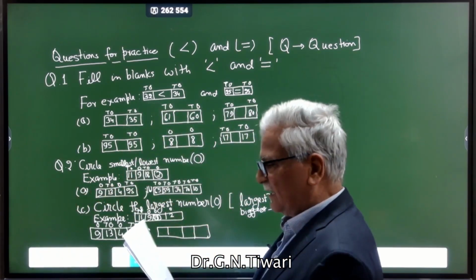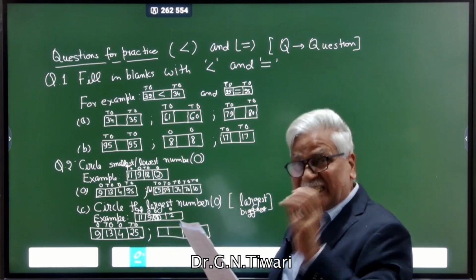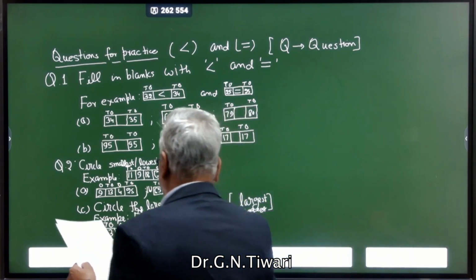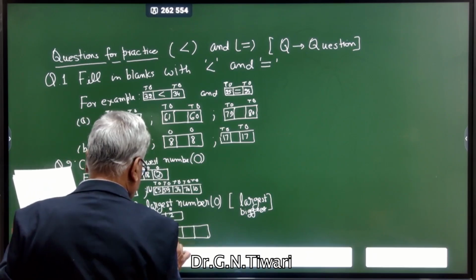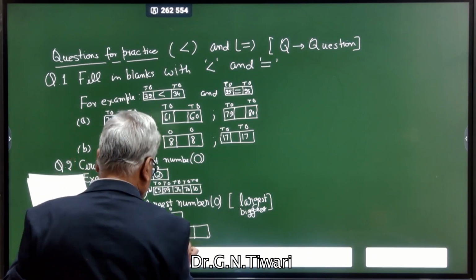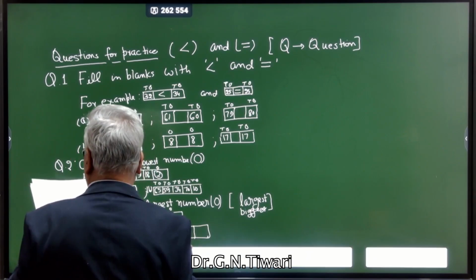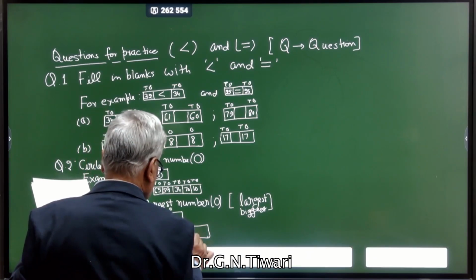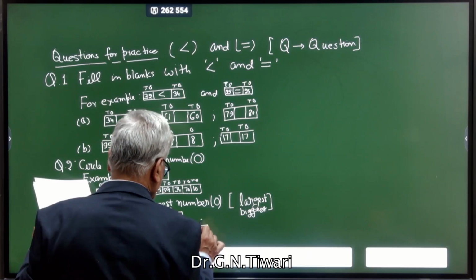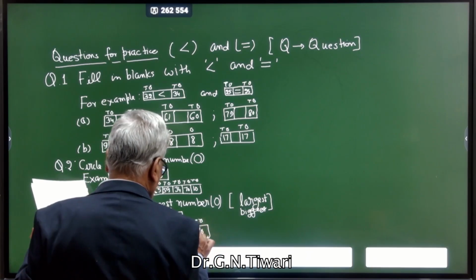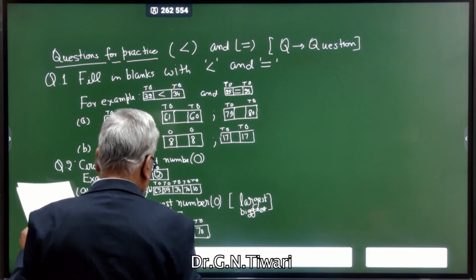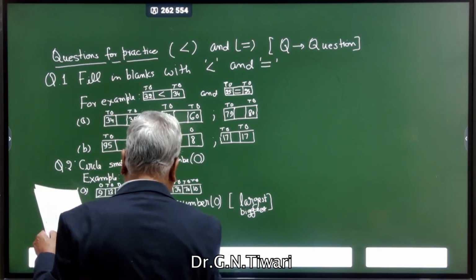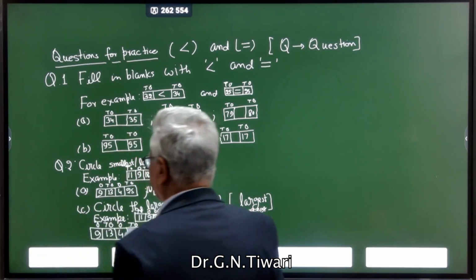So writing it becomes easier for class 1 students. 65, 59, 34, and 70. O, T, O, T, O, T, O, T. So he should circle the biggest number.